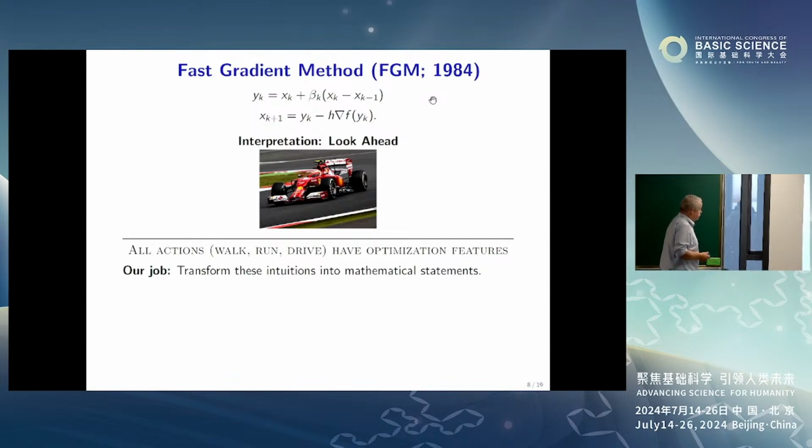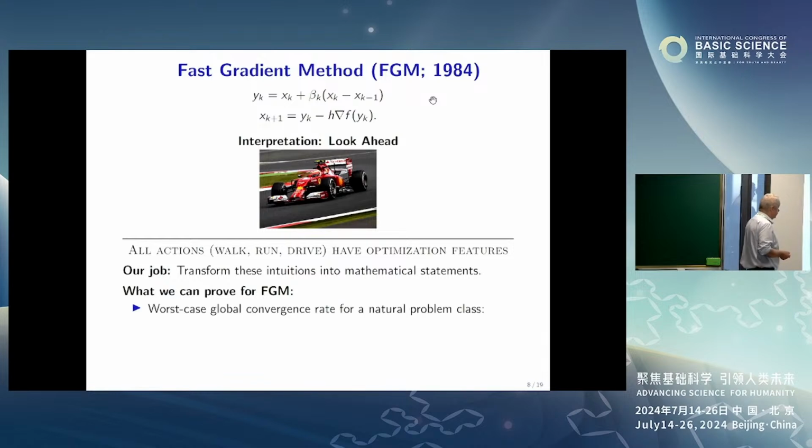For example, what we can say this fast gradient method, so reasonable things for this is the worst case, how quick number of iterations.